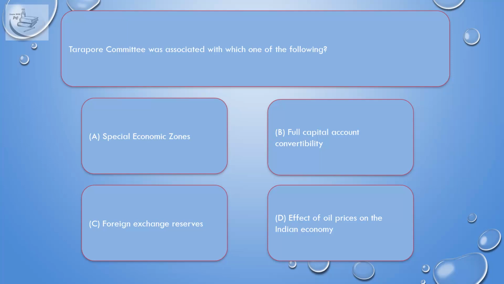A. Special economic zones. B. Full capital account convertibility. C. Foreign exchange reserves. D. Effect of oil prices on the Indian economy. Correct answer is B. Full capital account convertibility.